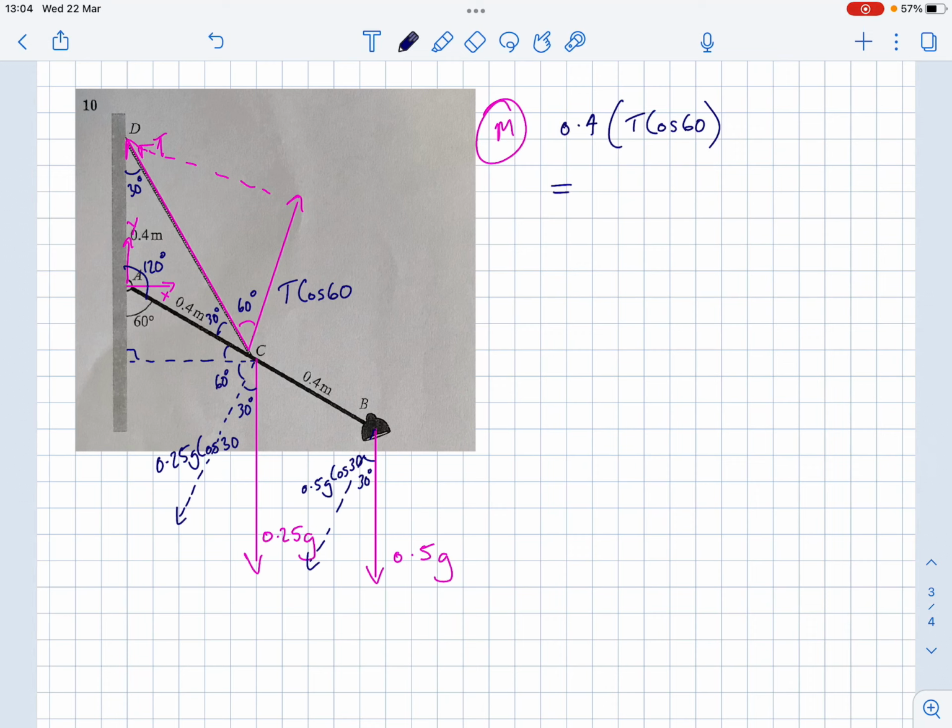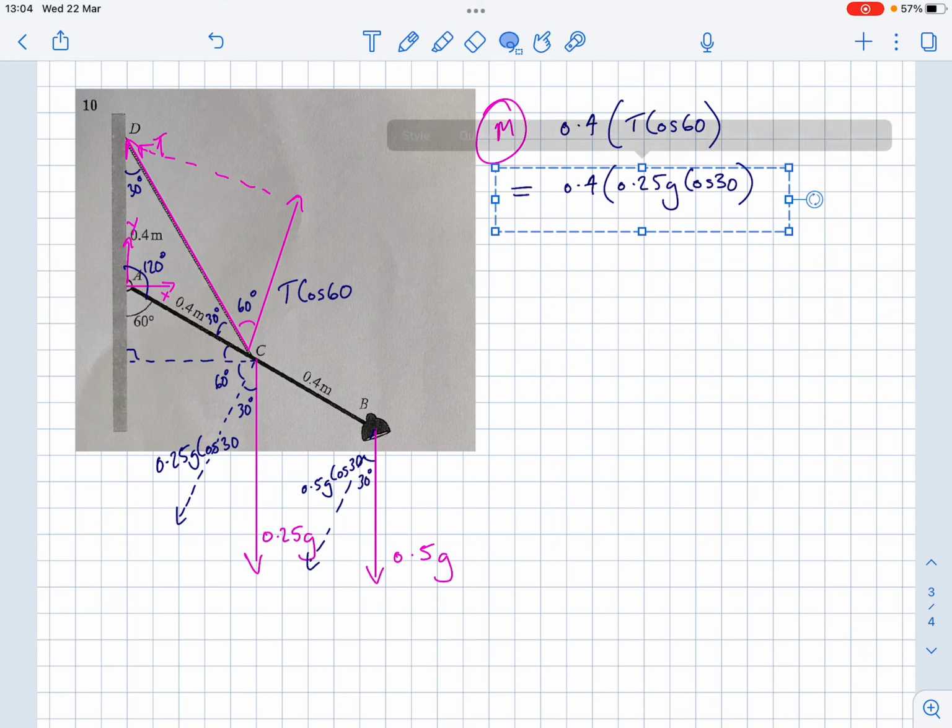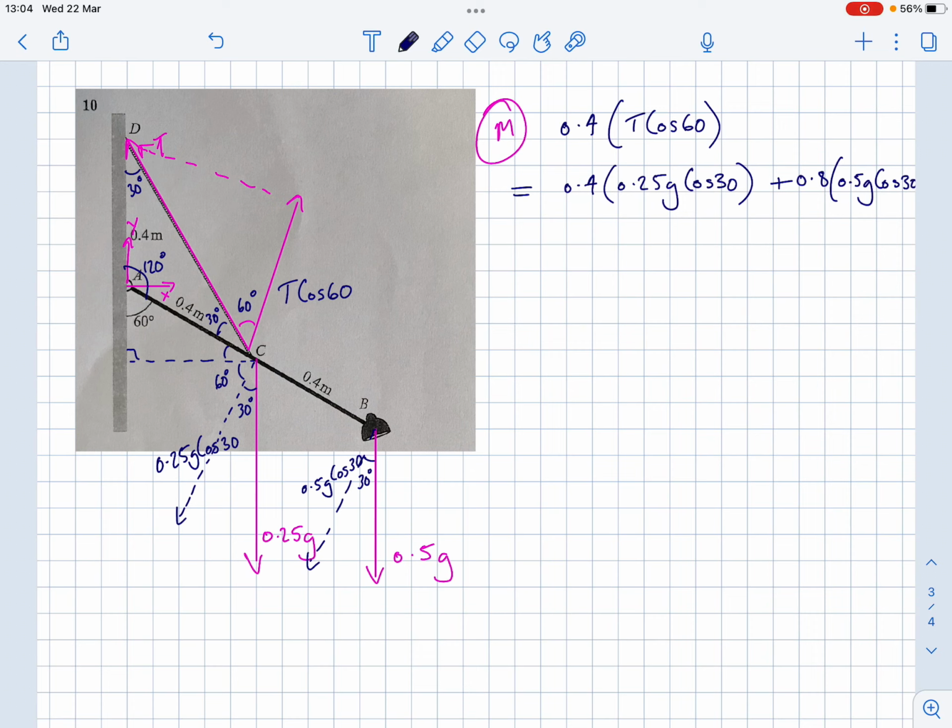That's got to be balanced with the other two that are going clockwise. So 0.4 times 0.25g cosine 30, plus the whole length of the beam, 0.5 cosine 30.